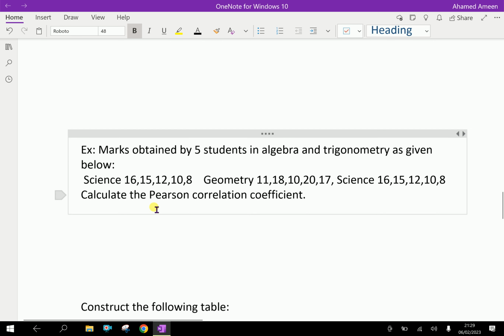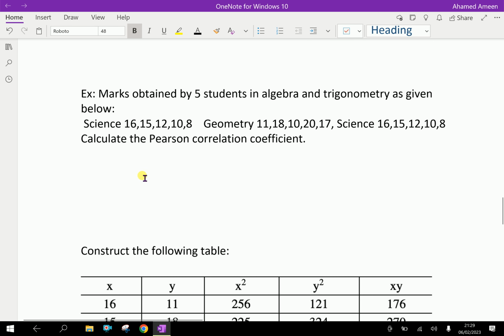Now let us understand an example problem to find the Karl Pearson coefficient of two variables. For example, marks obtained by 5 students in science and geometry are given below. The science marks are 16, 15, 12, 10, 8.